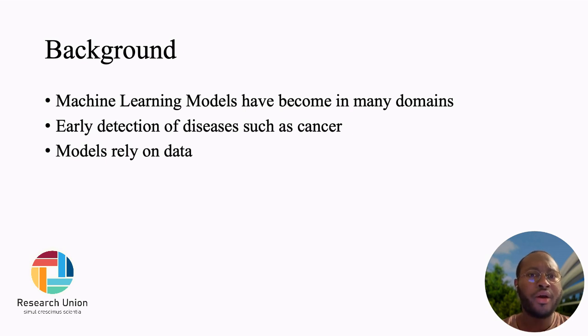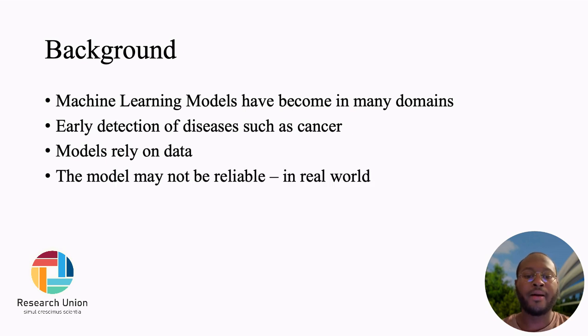These models rely on datasets for training. They are being trained on a particular dataset to perform a particular task. However, the issue is that when it comes to real world applications, the performance of these models can really degrade.